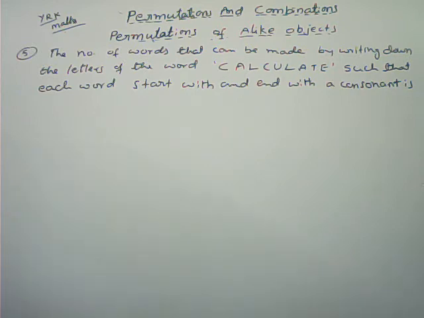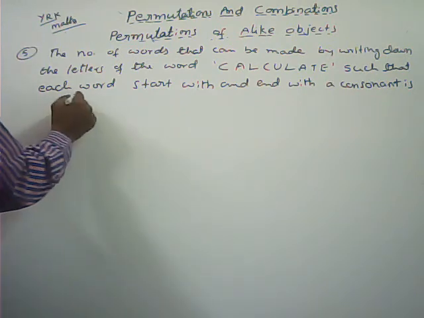Next, the number of words that can be made by writing down the letters of the word, calculated such that each word starts and ends with a consonant. First we can separate them. What are the consonants here?